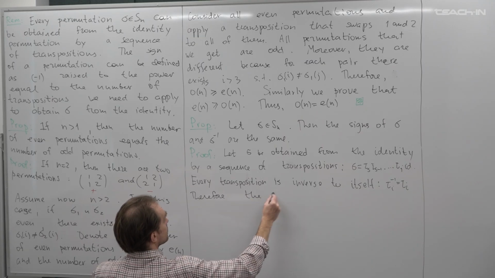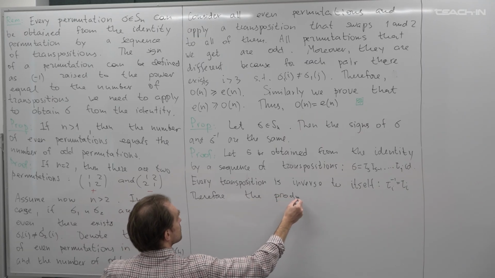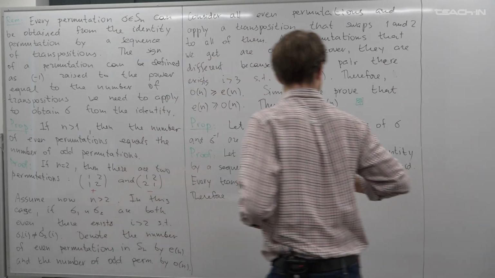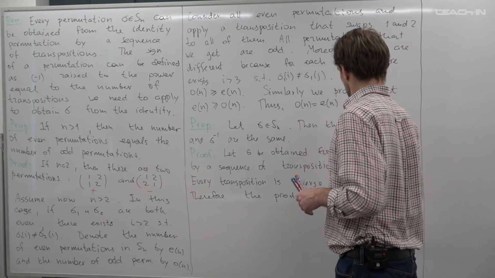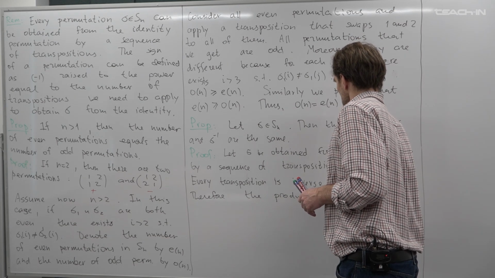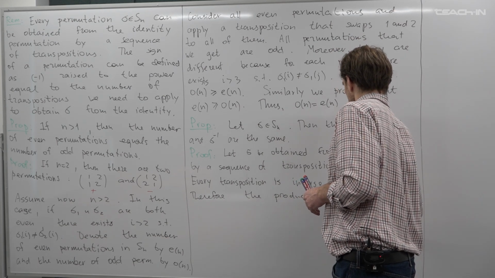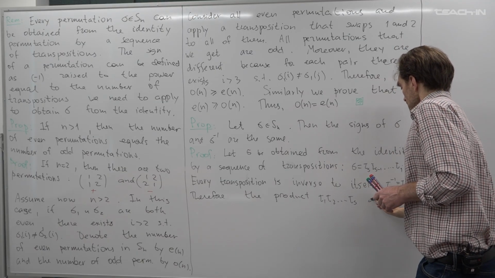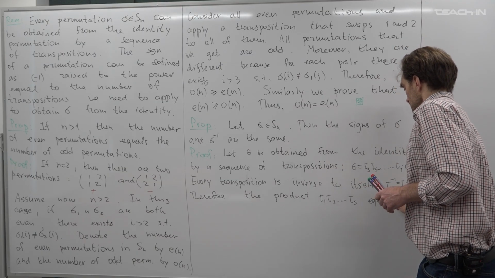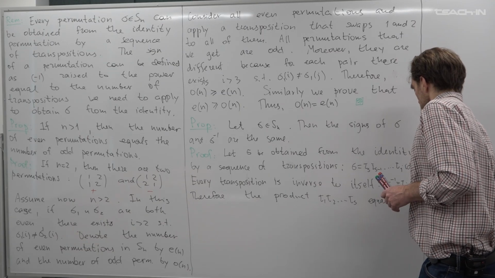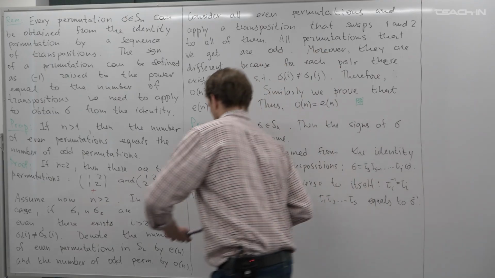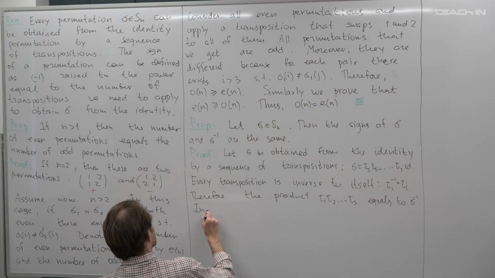The product tau 1, tau 2, etc., tau s equals sigma to the minus 1. So let us check this.